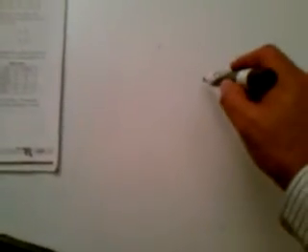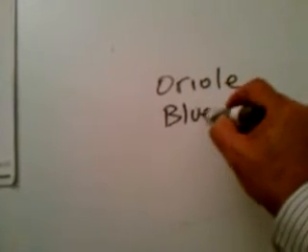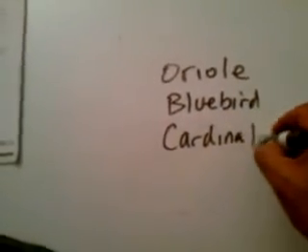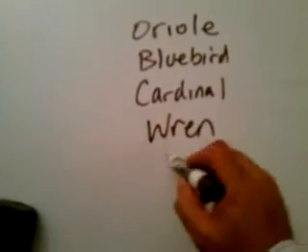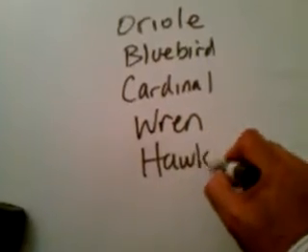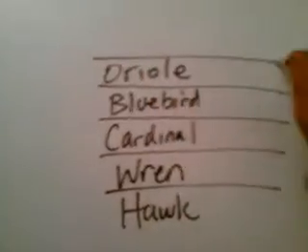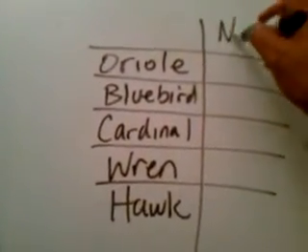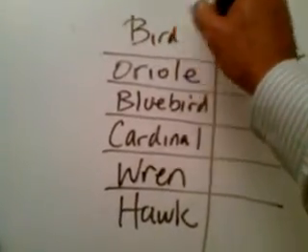So let me just construct this chart. We have the oriole, bluebird, cardinal, wren, and hawk. Okay, and this is for the number, and this is for the bird or the type.